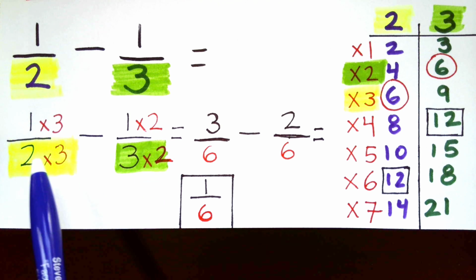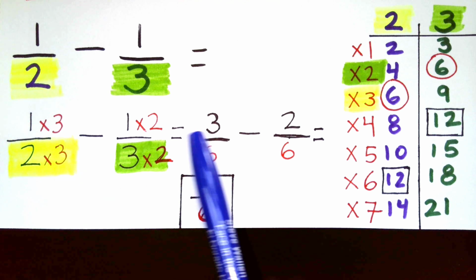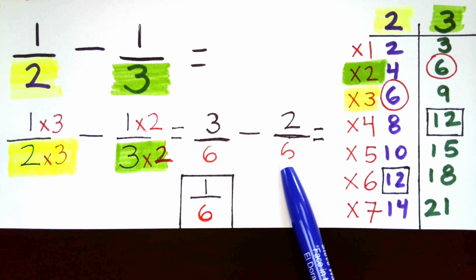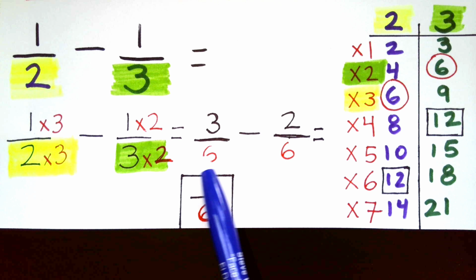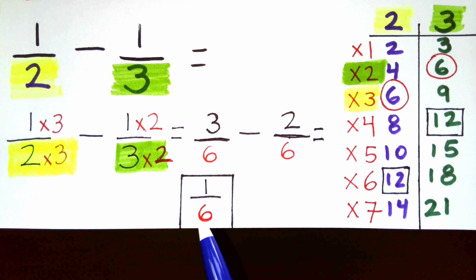So 2 times 3 is 6. 1 times 3 is 3. Minus. 3 times 2 is 6. 1 times 2 is 2. Now we have a common denominator of 6. It stays 6 throughout the problem, including the answer.